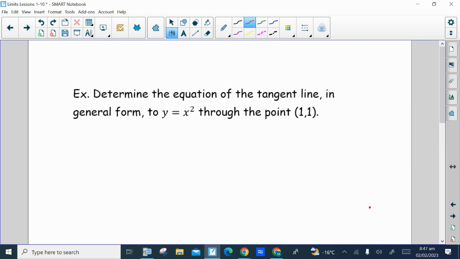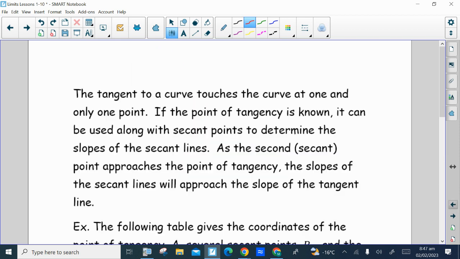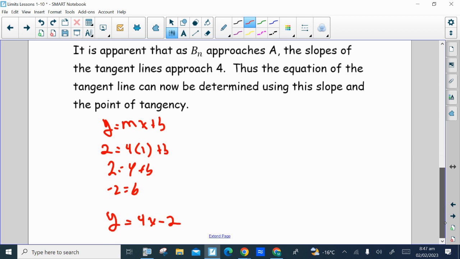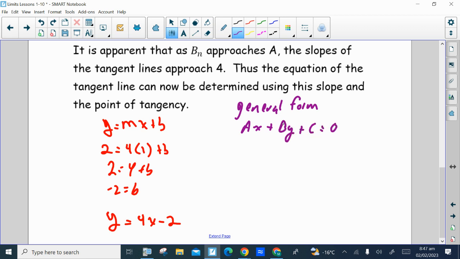So what is general form? You might remember, if we go back to the last example that we did, we wrote the equation in slope-intercept form. The general form of a line is ax plus by plus c equals 0, where a, b, and c are elements of the set of integers, meaning you can't have any fractions or decimals.